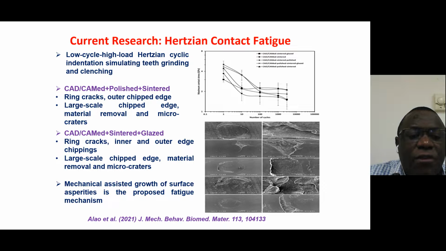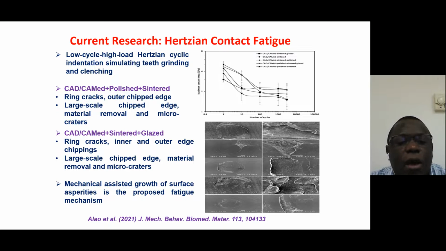The different processes proposed in the previous slide were computer-aided design, computer-aided manufacturing, followed by polishing and sintering. Another one is computer-aided design, computer-aided manufacturing, followed by sintering.